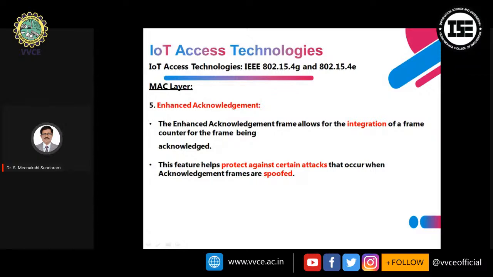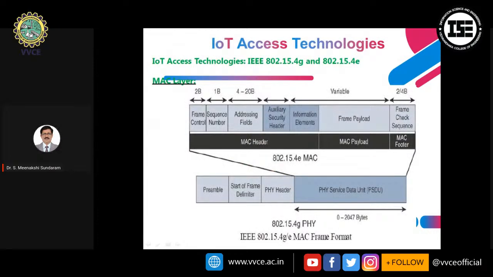Then enhanced acknowledgement, integrating the frame counter and the frame being acknowledged; the feature helps to protect against certain attacks that occur when acknowledgement frames are being spoofed. This is one example of the IEEE 802.15.4e MAC frame format.